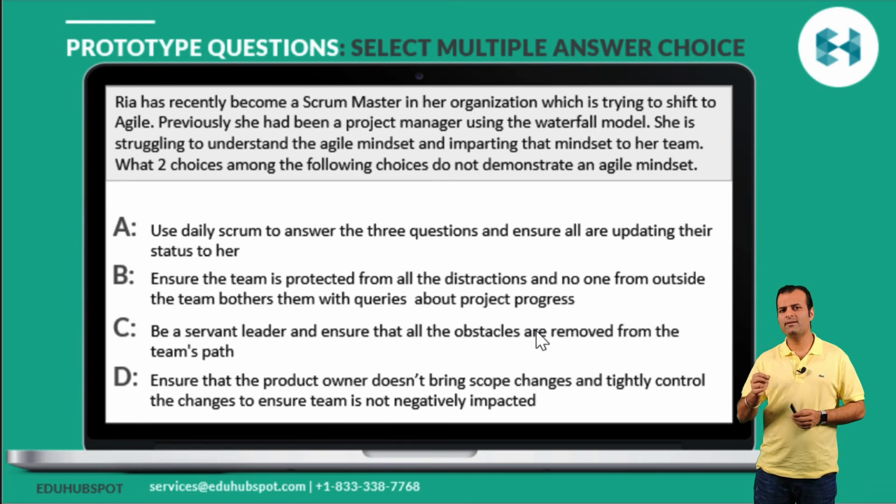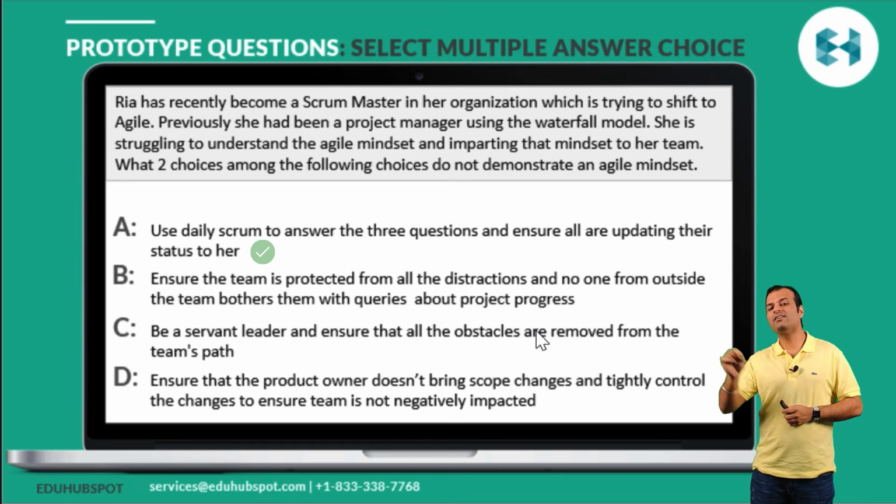Let's read the options. A, use daily scrum to answer the 3 questions and ensure all are updating their status to her. Now, this is definitely not the correct answer. Oh, I mean, this is definitely actually the correct answer, but what I'm trying to say is this is definitely an option that is not demonstrating an agile mindset. Why?